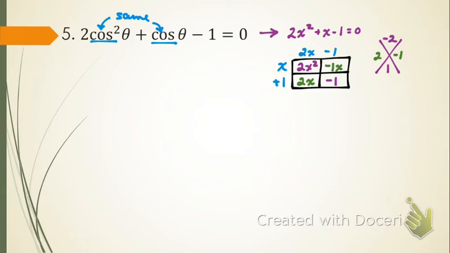So if this is the way it factors with x's, how do I want to rewrite my equation with cosines? How would that look fully factored? 2 cosine theta minus 1, cosine theta plus 1.